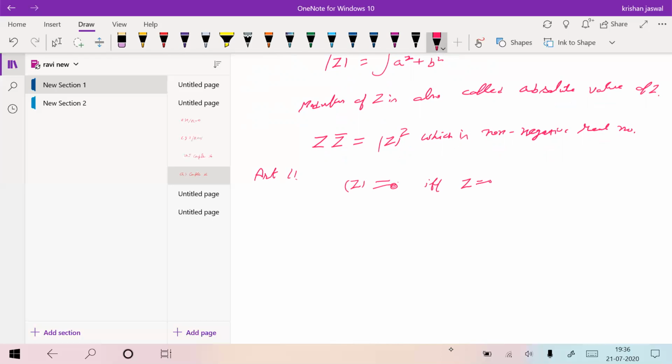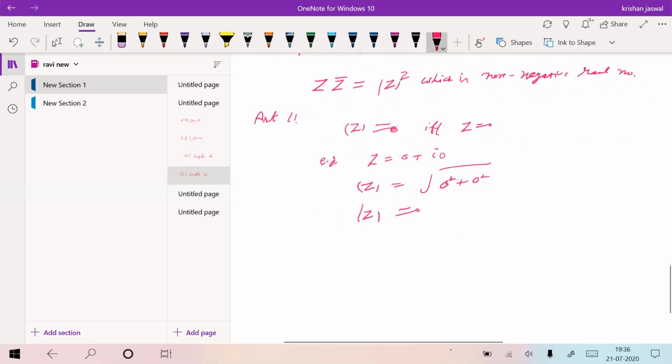For example, Z is equal to 0 plus iota 0. Modulus of Z involves A square plus B square, which is equal to 0. So if a complex number is 0, then its modulus is also 0.